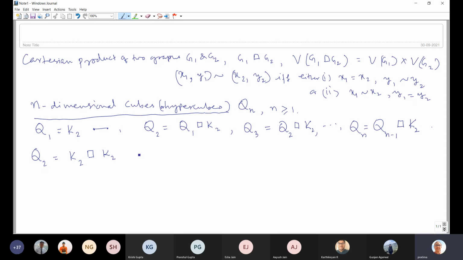Do you know this graph? Have you seen this before? Who can say? C4, yes, you are right. The Cartesian product of K2 with itself gives you C4.